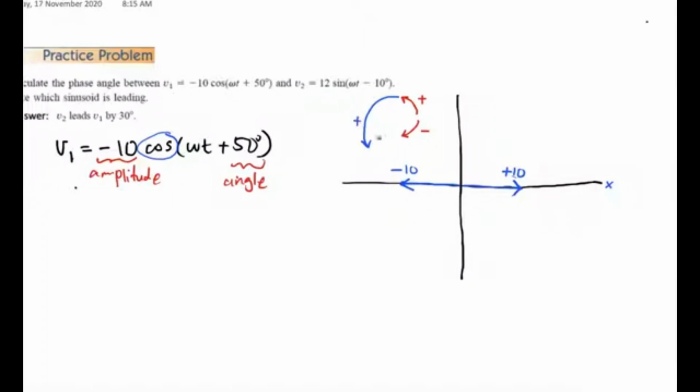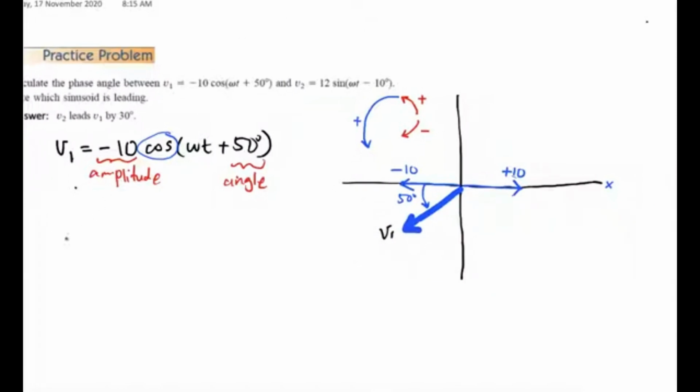So positive 50, you have to move it downward, and the final vector would be somewhere here. This is your V1, the V1 phasor representation.